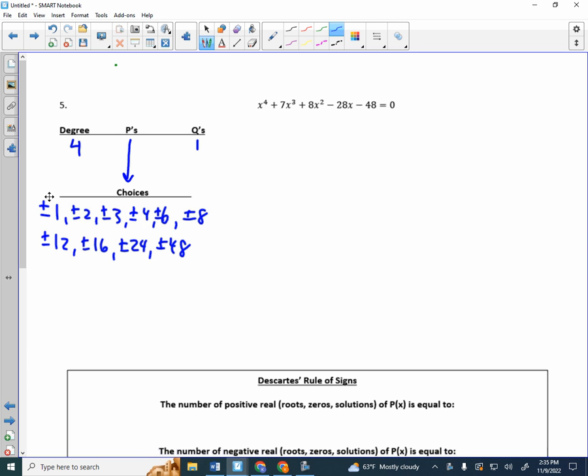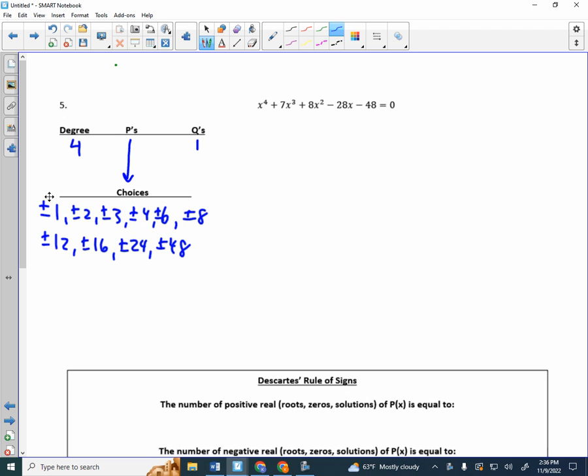Let's try 1 first. I got 1 plus 7 is 8, plus 8 is 16, minus 28 is like -12, minus 40. That 1's not going to work, is it? I've tried enough, 1's not going to work. I'll try -1. Now, if I'm Izzy, because I know Izzy pretty well, Izzy, do you ever worry that if you plug in a number here that you might make a mistake?